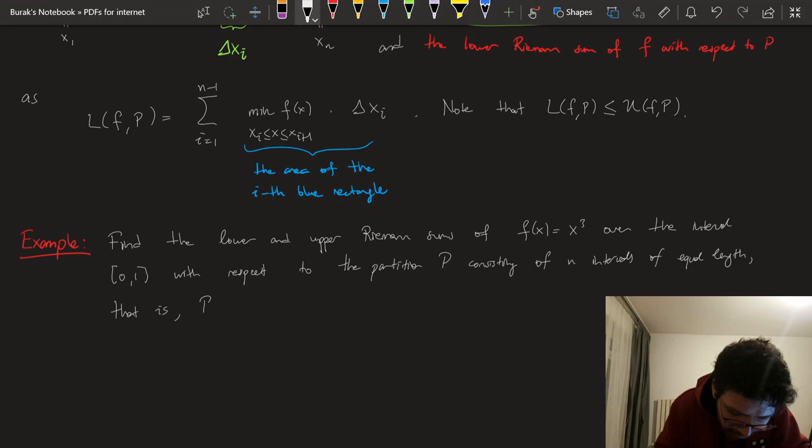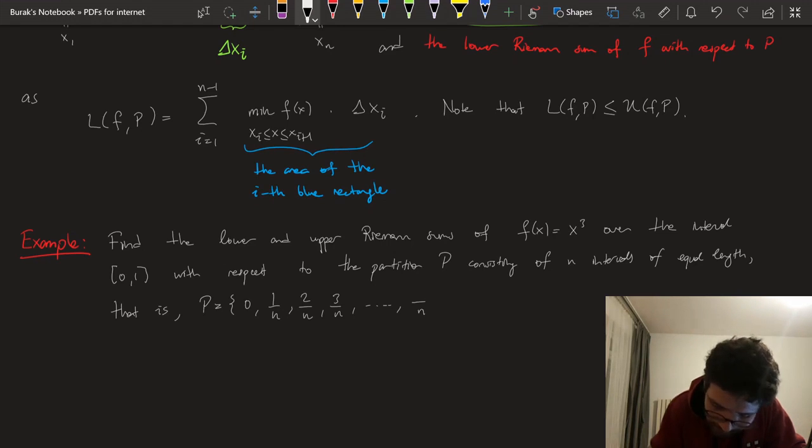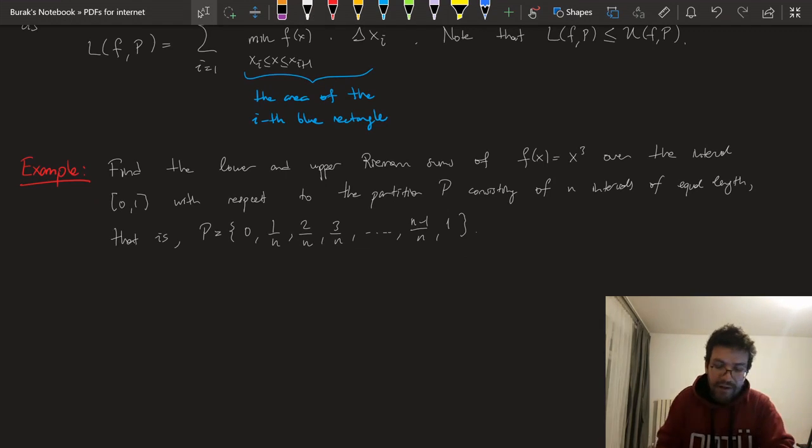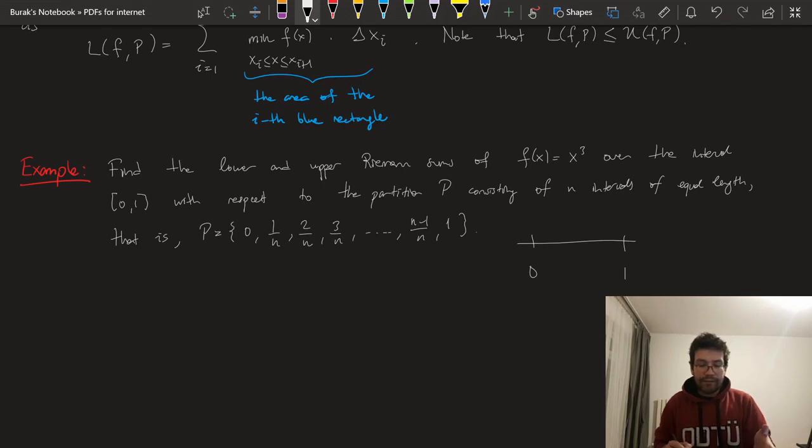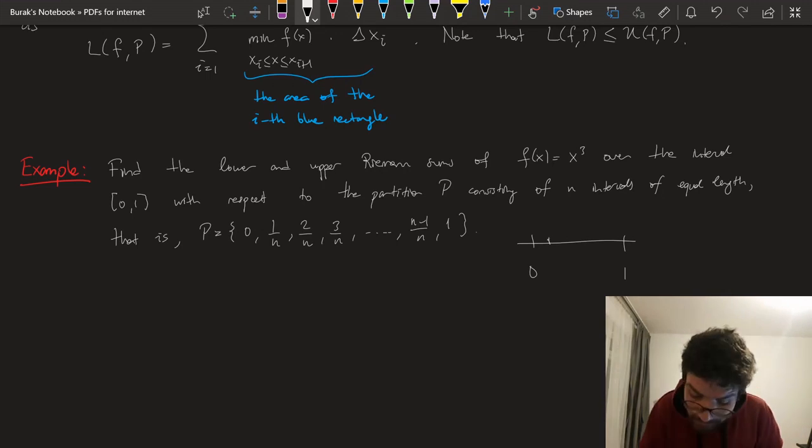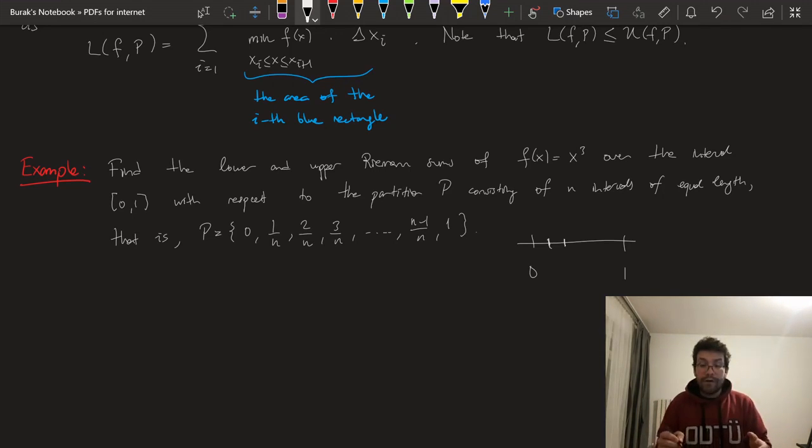So my partition P is going to be 0, 1 over n, 2 over n, 3 over n, up to n minus 1 over n, and n over n, which is 1. Because if you take the interval 0, 1 and you want n intervals of equal length, well, the total length is 1.